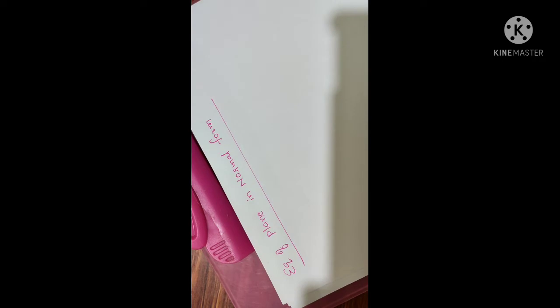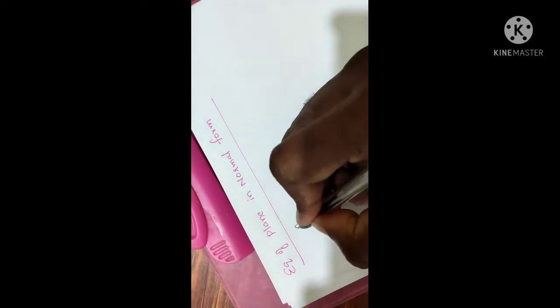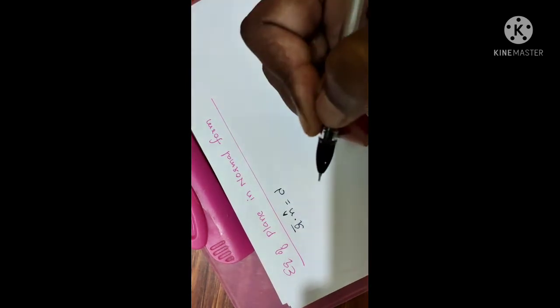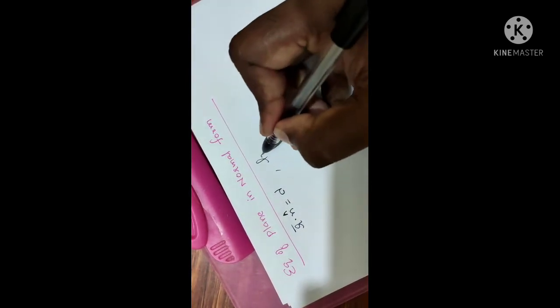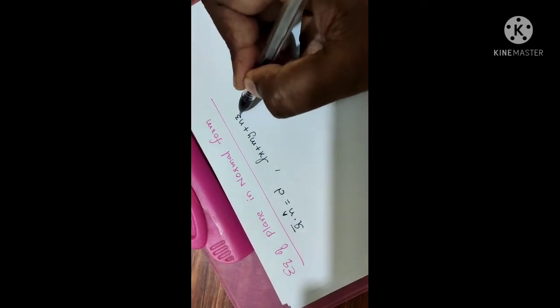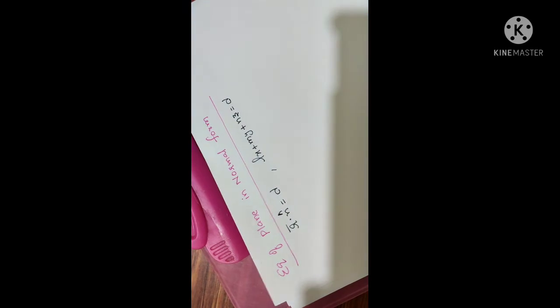So we have two formulas, equation of plane in normal form. The first one is a vector form, r bar dot n cap, this is unit vector, is equal to d. Or you can write lx plus my plus nz is equal to d. Here l, m, n are direction cosines.